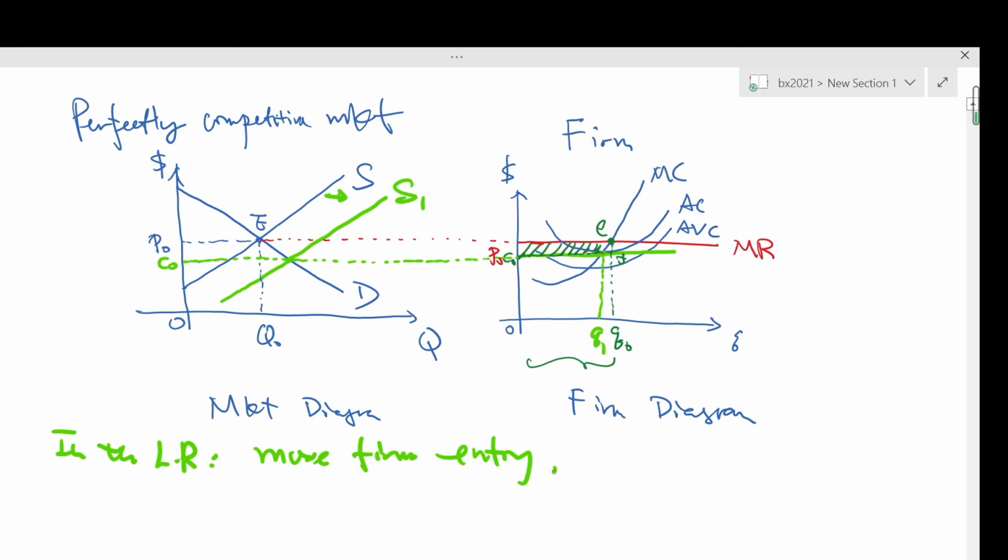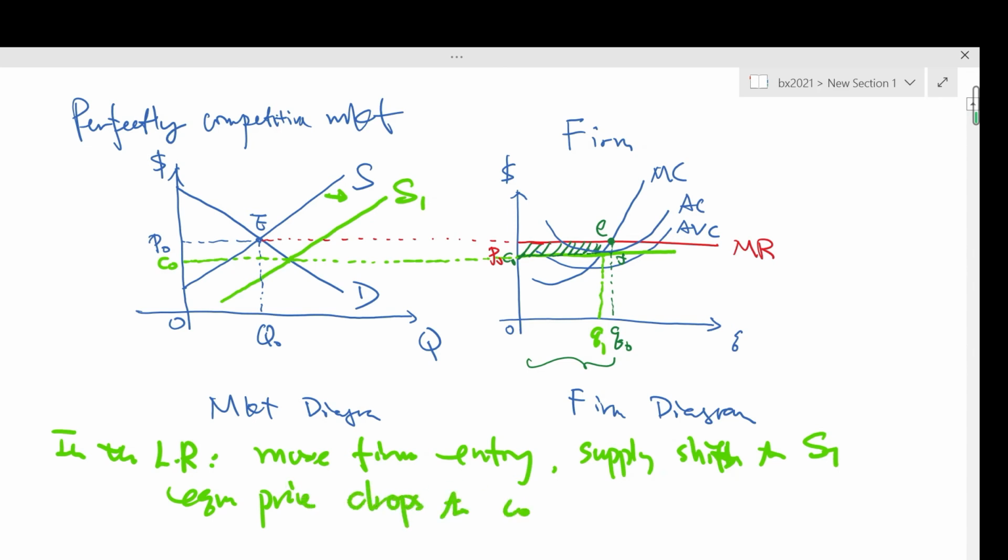So the supply curve shifts to S1, the equilibrium price drops to CO, and firms produce Q1.